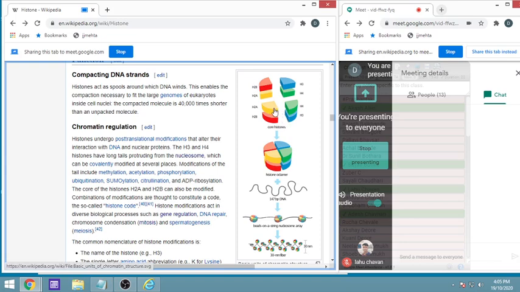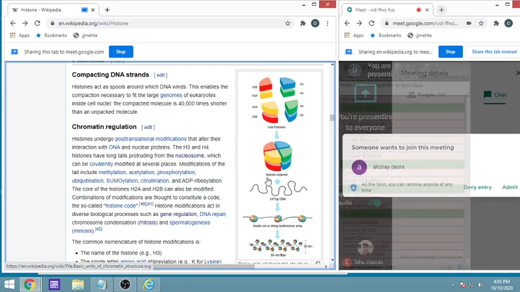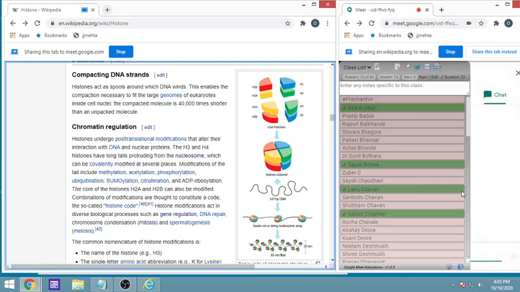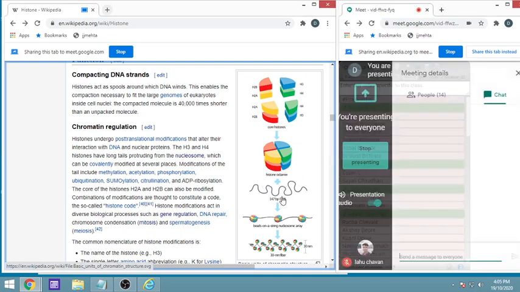This is a monomer, 1 plus 1 becomes a dimer, 4 becomes a tetramer, and 8 becomes an octamer. So this is what we have seen, many times, also during the nucleosome. So these are how the structures are there and how they are arranged in the sequence. Basically there are 4, H2A, H2B, H3 and H4.